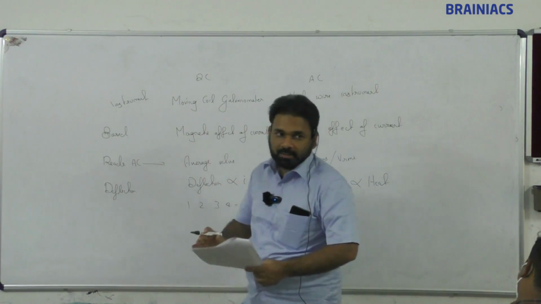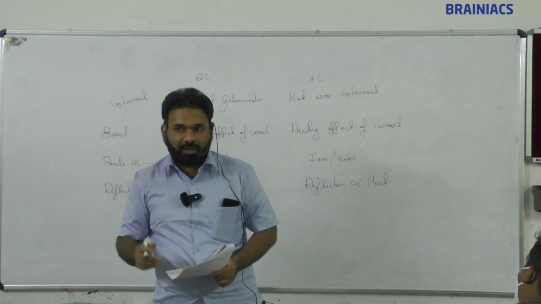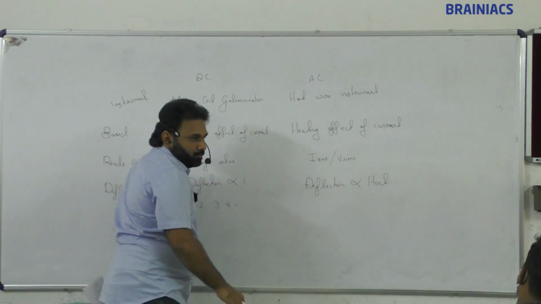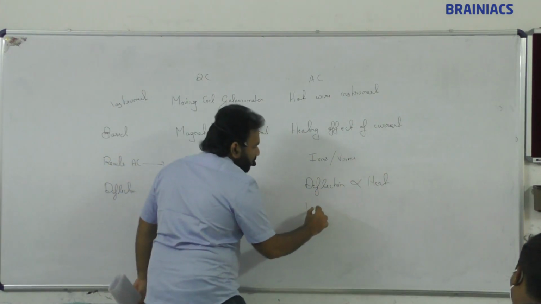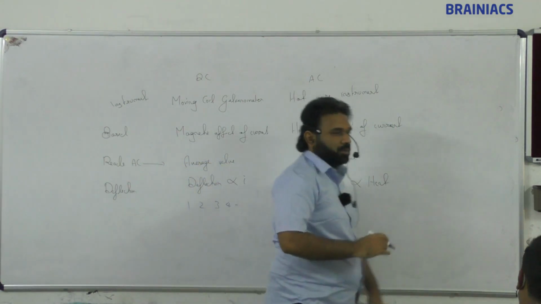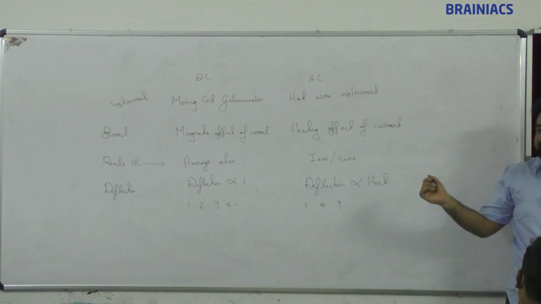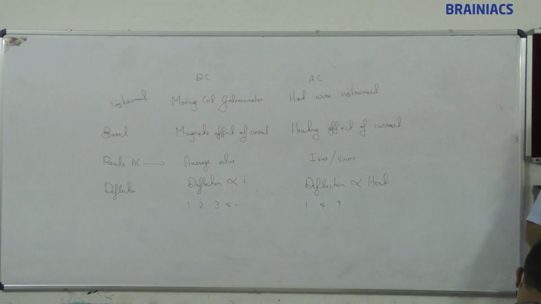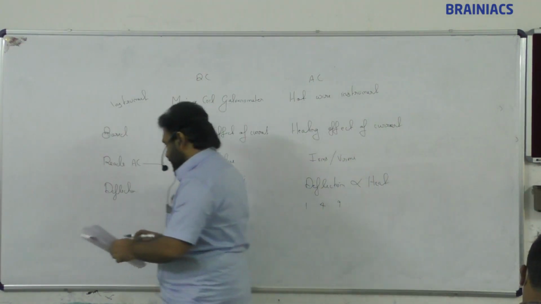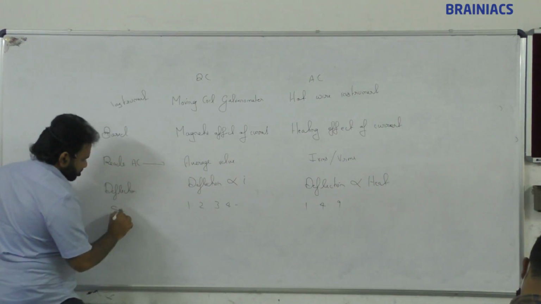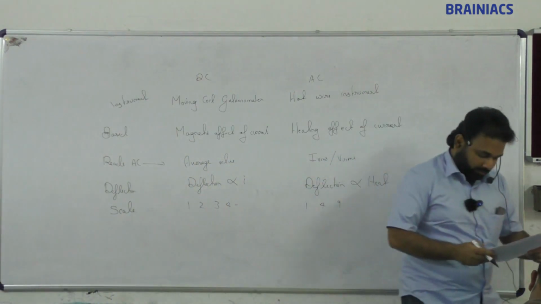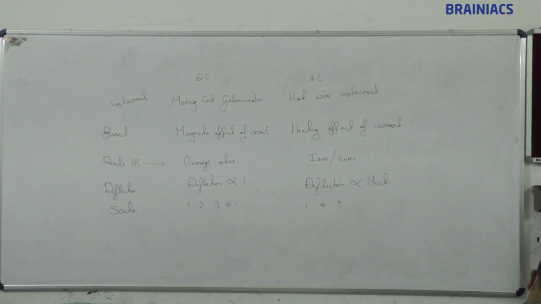Joules, that is the unit. But what will be the measurement of current? I square will come. So 1, 4, 9, likewise it goes, because we are depending on heat. So mark that also. This is number of divisions on the scale, square of 1, 4, 9, 16 likewise.